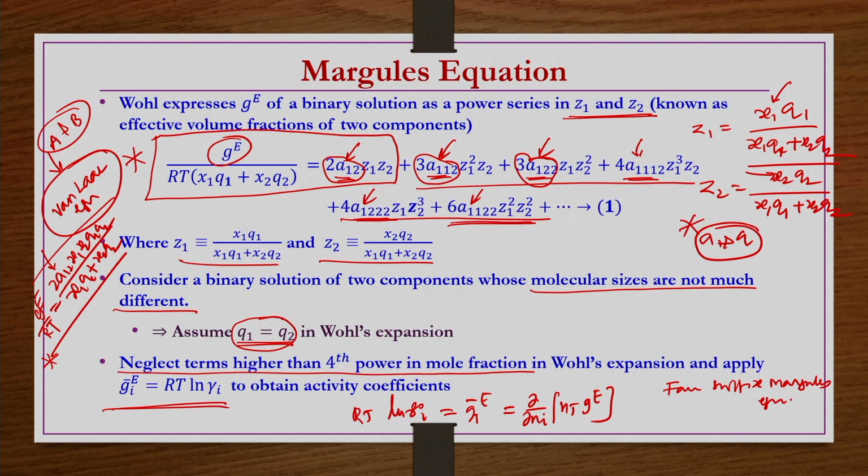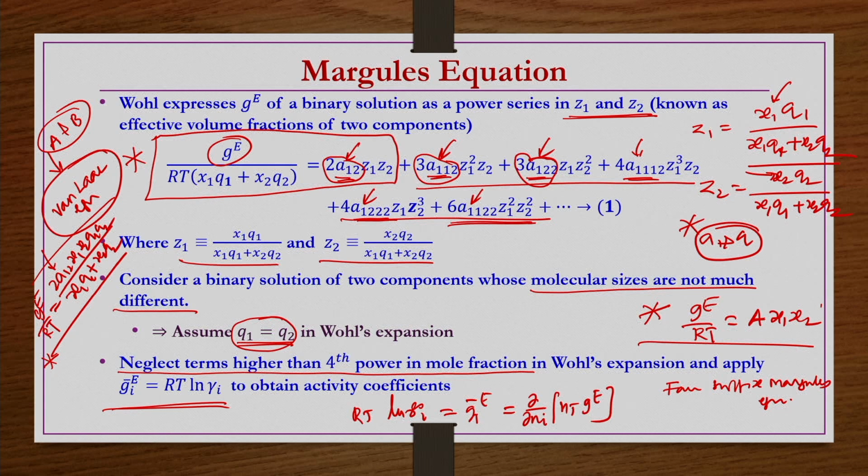Now, in this lecture we are starting with the Margules equation. Rather than starting with the 2 suffix Margules equation, which we have already seen previously, that is Ge by RT is equal to A x1 x2, we go with the tougher one, including terms up to the 4th power in mole fraction.